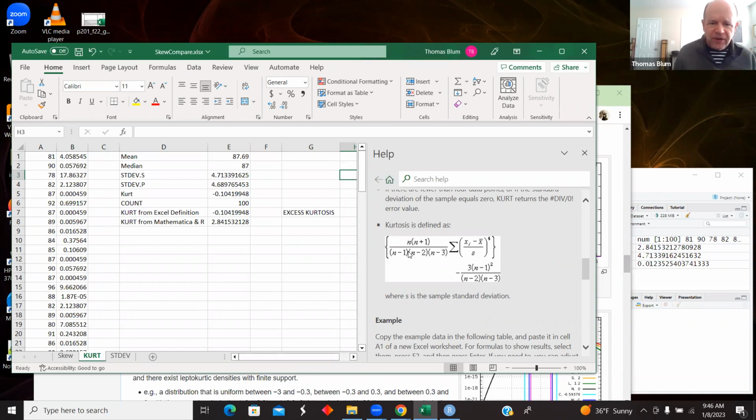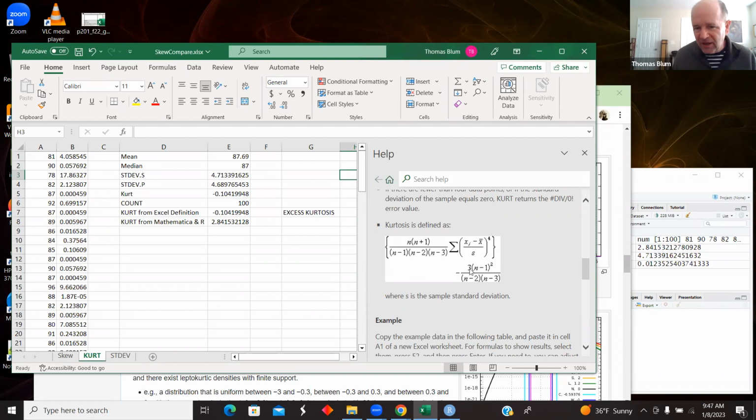Okay. Another thing to point out is that people talk about kurtosis and excess kurtosis. If you're making that distinction, then what you have in Excel is an excess kurtosis. And again, we often compare things to a normal distribution. So the kurtosis of a normal distribution is 3, whereas the excess kurtosis of a normal distribution is 0.